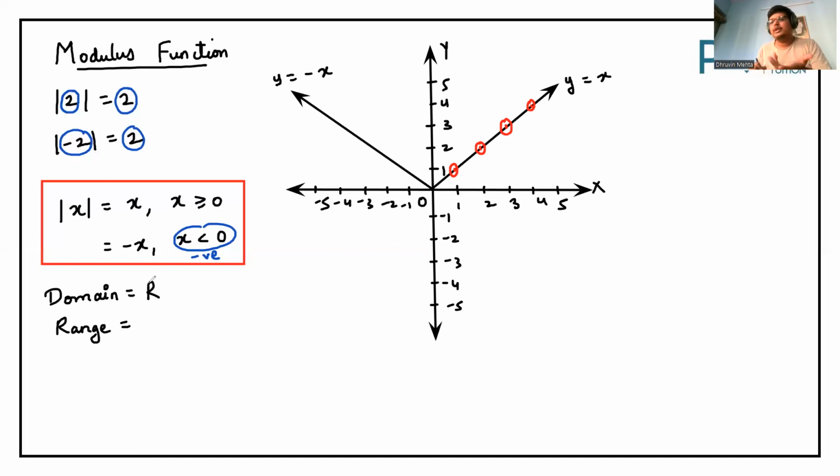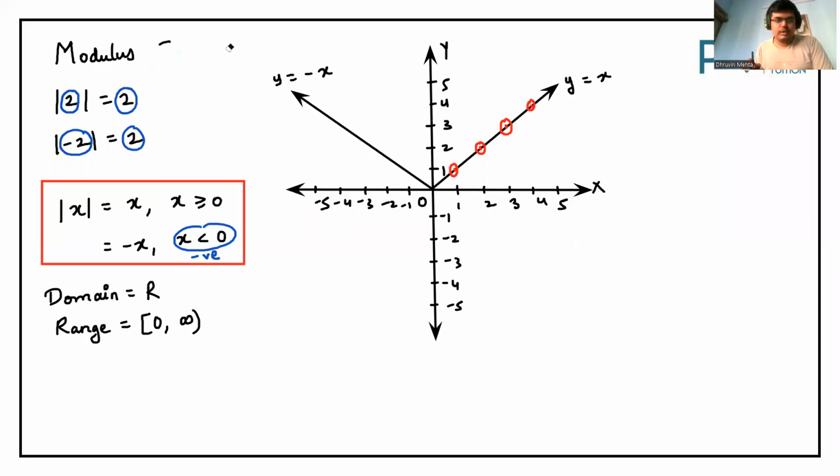Mod of 2.7 is 2.7. So range is going to be 0 to infinity. Do you understand this interval method? So 0 to infinity means all real numbers, like it includes decimals also, starting from 0 up to infinity. Write this with the figure. So domain or range.